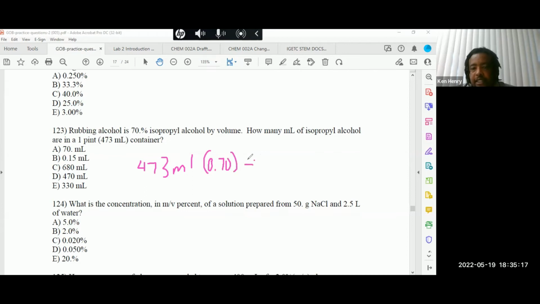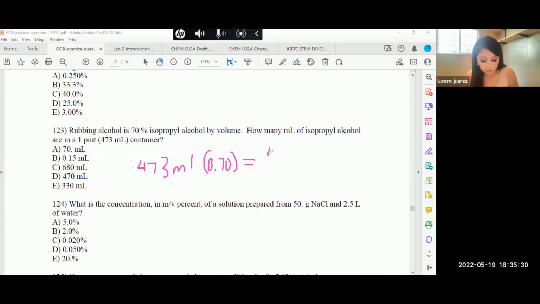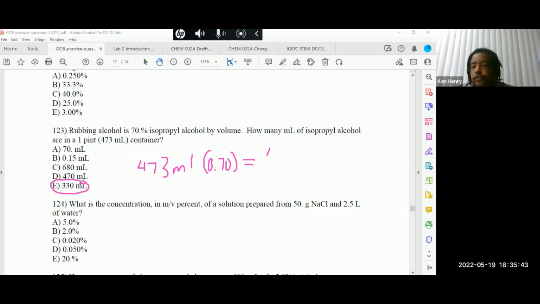That tells me how much alcohol I have in my solution. 473 times 0.70 is 331. We have 2 sig figs, so 330.